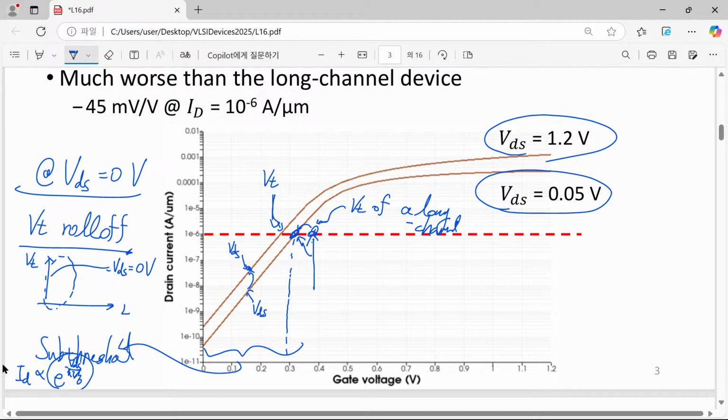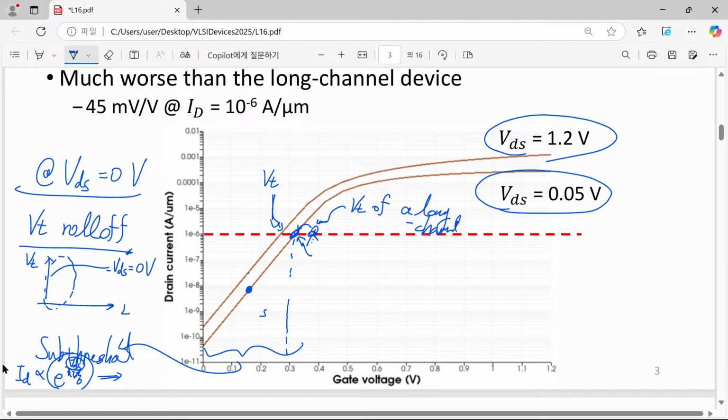So if we have sufficiently high drain voltage, then that value should approach a given value. What we find in this case is almost several times difference in magnitude. This is not an expected kind of behavior.